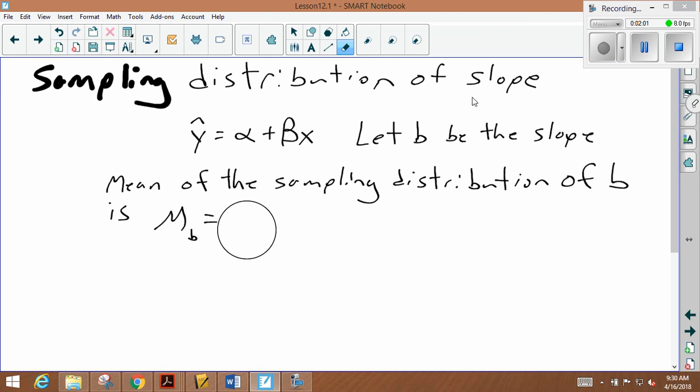Oh, two equal signs, that's extra. What does that say? That says that the mean of the sampling distribution of b is the slope, right? It's just a formal way of saying that our mean is the slope.